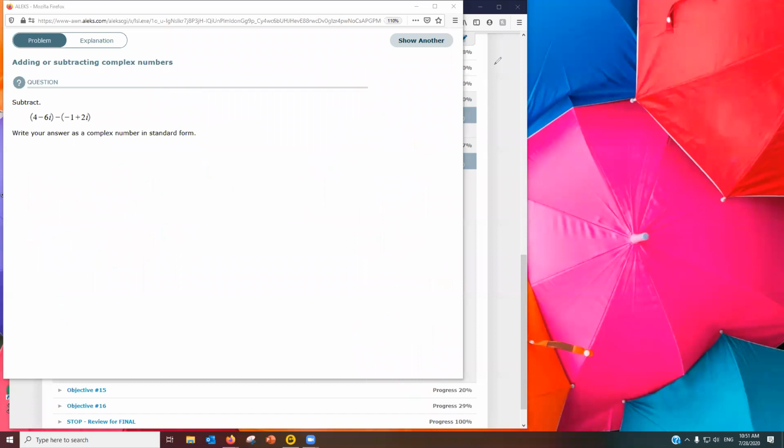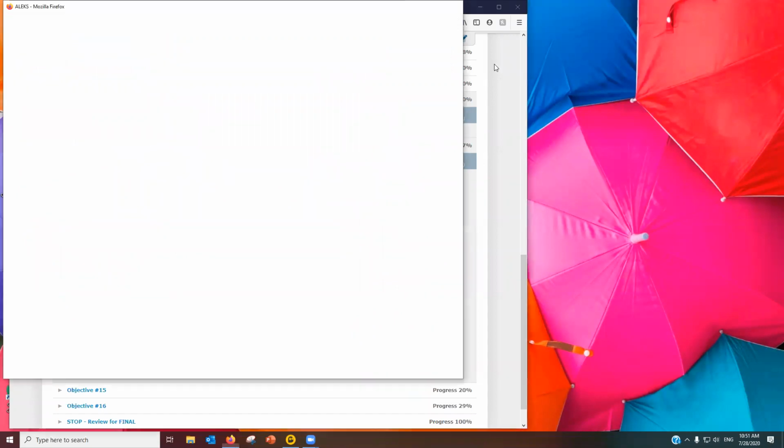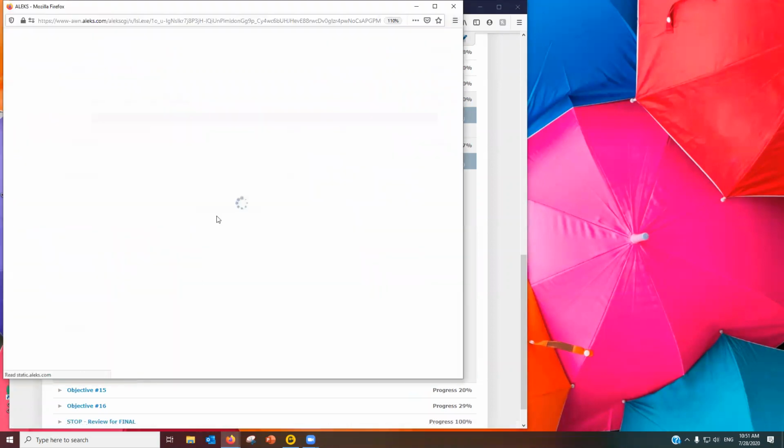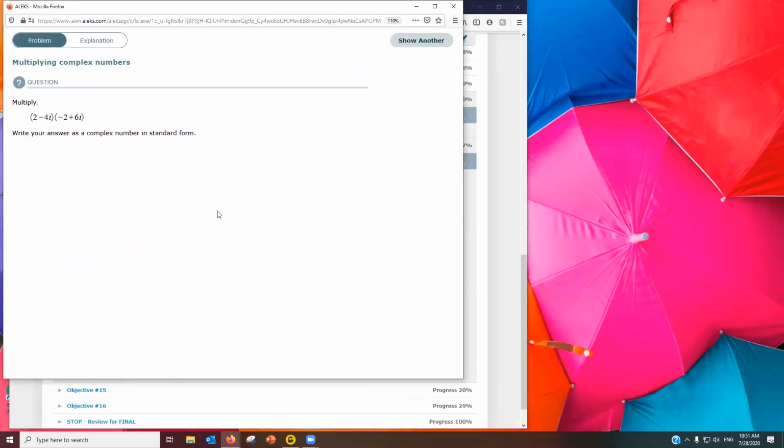All right, let me do one more example of working with complex numbers. Here's a topic on multiplying these complex numbers. All right, let's take a look at this one. Now, one thing I have to mention to you is we know that i is defined to be the square root of negative 1.